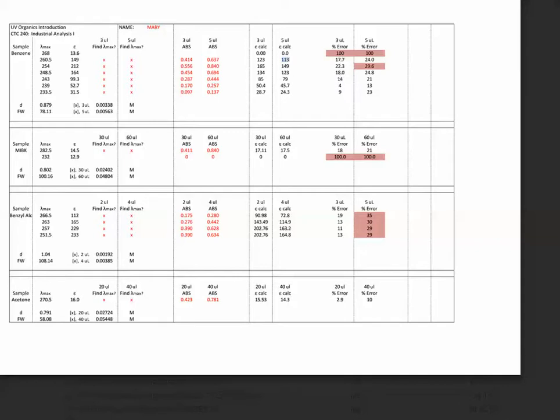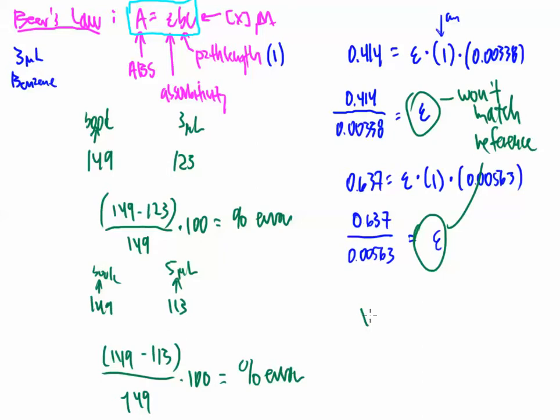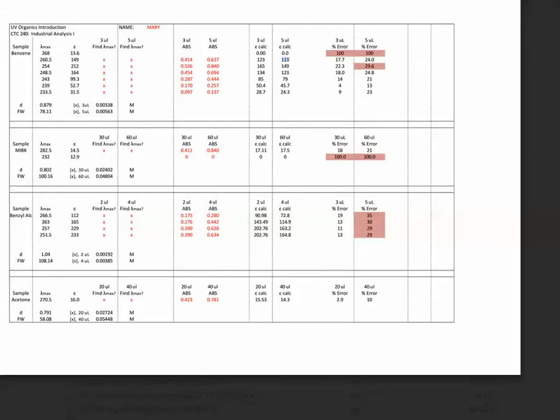As part of your conclusion, you should state which is better. Is your lower concentration better, or is your higher concentration better for each sample? And maybe explain why you're seeing that.